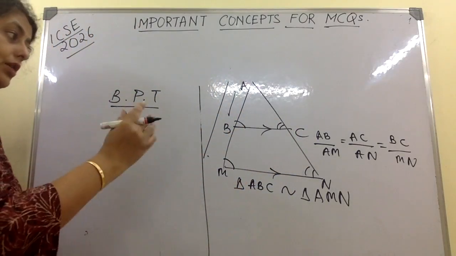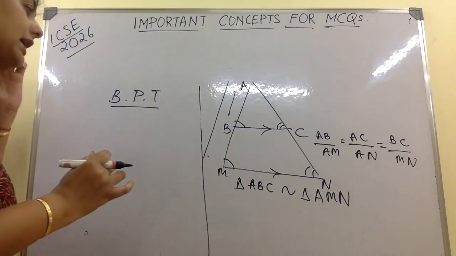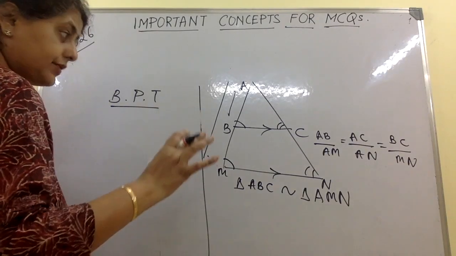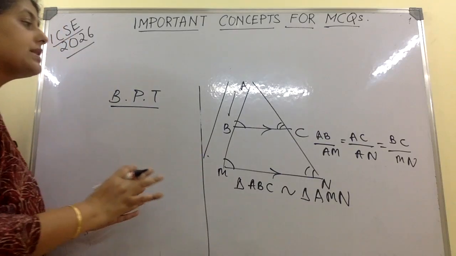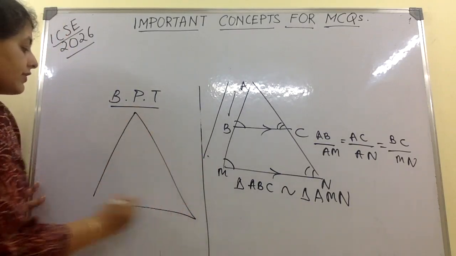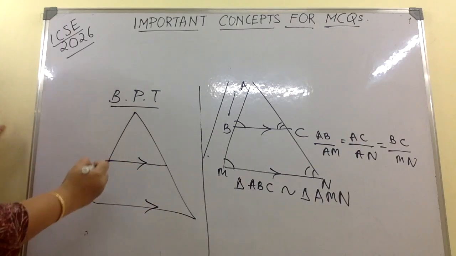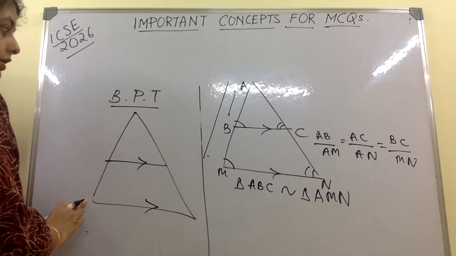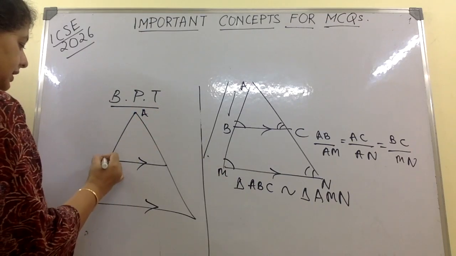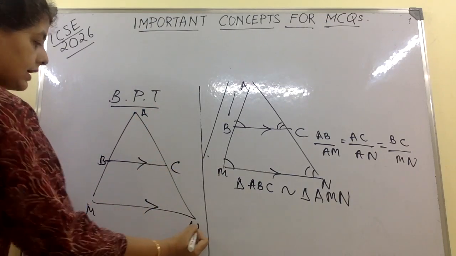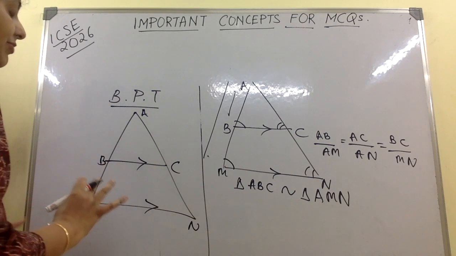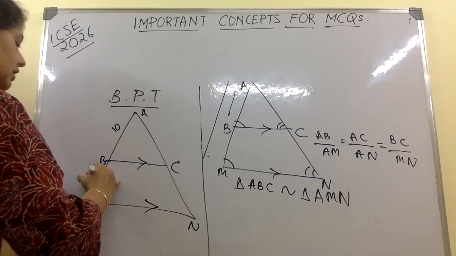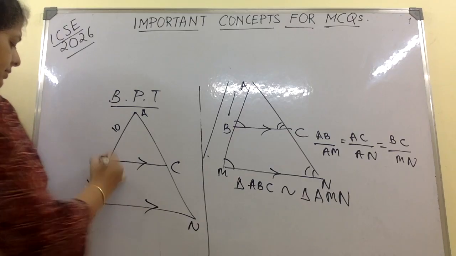But if now the question is a little different, where you have to do a sum where they have just given a triangle like this with parallel lines, A, B, C, M, N. Maybe they have said this part is 10 and this part is 15.